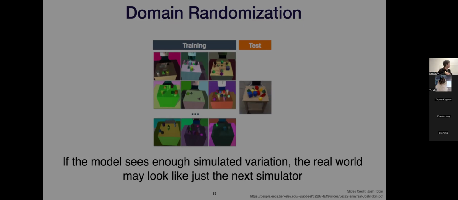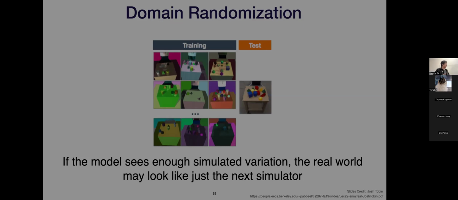In training time, we randomize a lot of things we can. More specifically, in this case, for example, the background colors, the color of the desktop, the camera angles, or camera specifications like the extrinsic and intrinsic matrices, for training either your policy or your vision detectors.